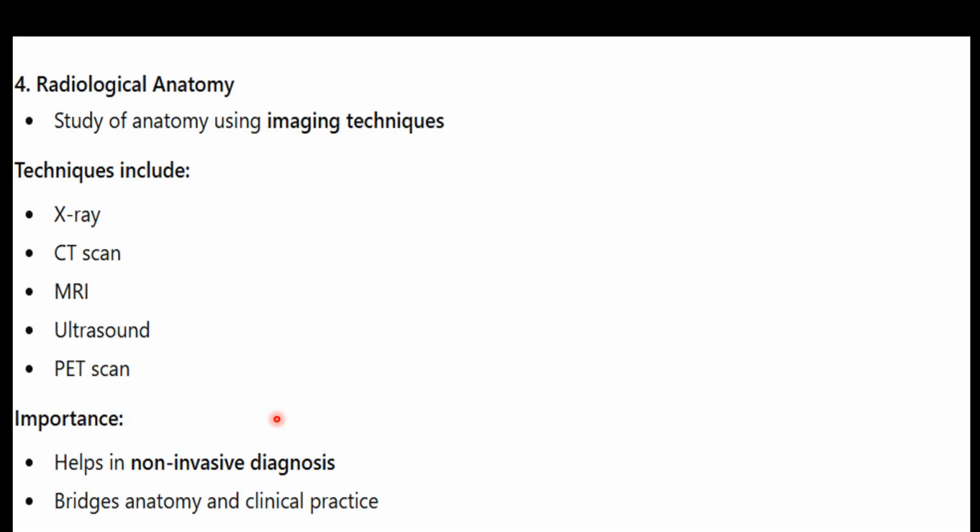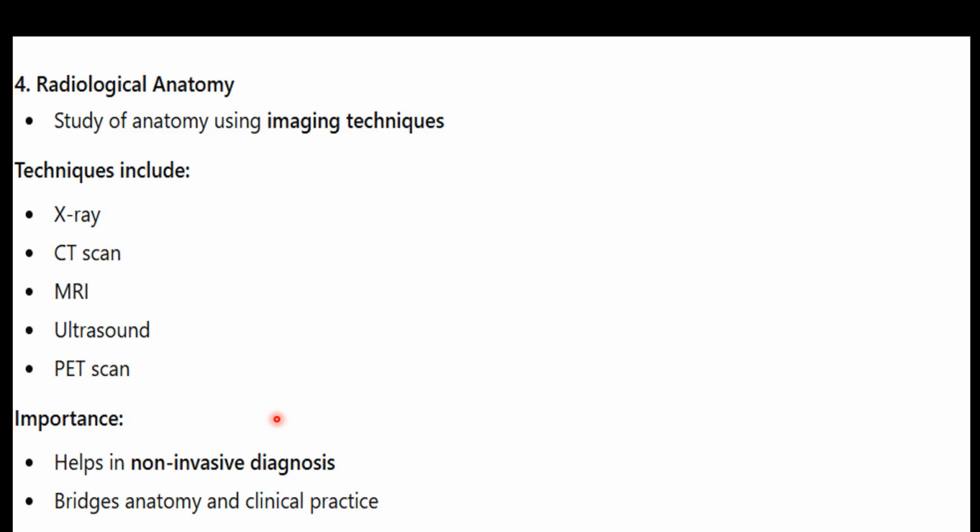Now the fourth one is radiological anatomy. What is radiological anatomy? It is the study of anatomy using imaging techniques like X-rays, CT scan, MRI, ultrasound, and PET scan. All these techniques come under radiological anatomy. What is the importance of it? It helps in non-invasive diagnosis. Also it bridges anatomy and clinical practice.